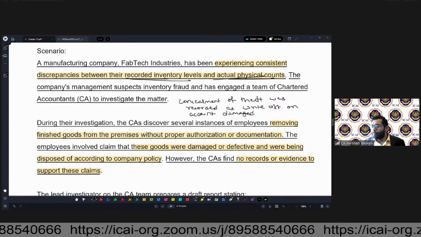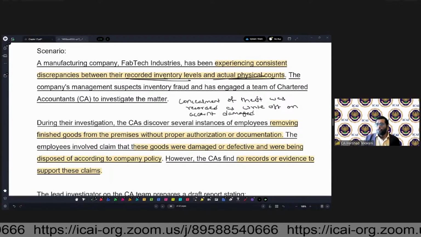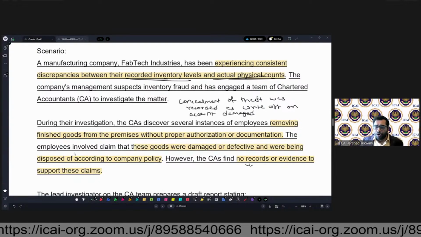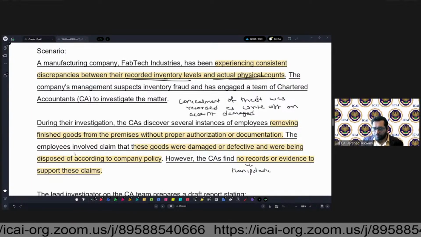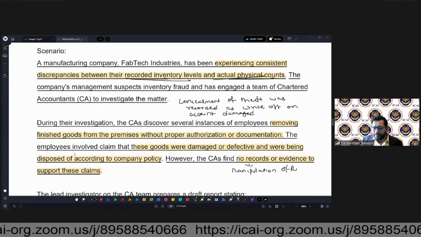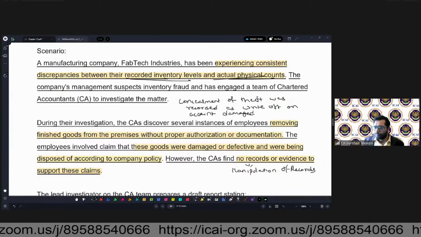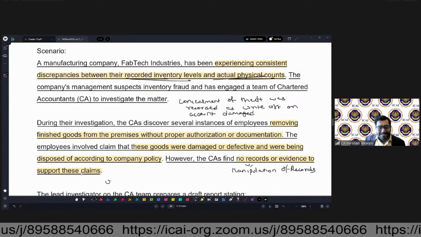Second, there could be a manipulation of the inventory records, like absence of the records for the removed goods. There were no records found. So absence of records or manipulation of records can also be there. There could be unrecorded sales.